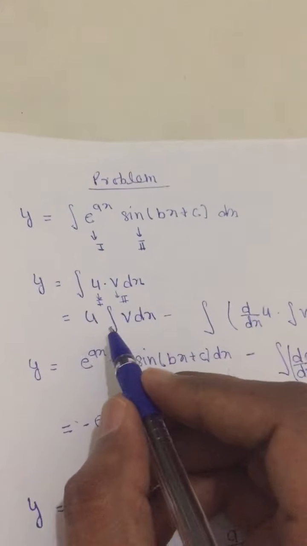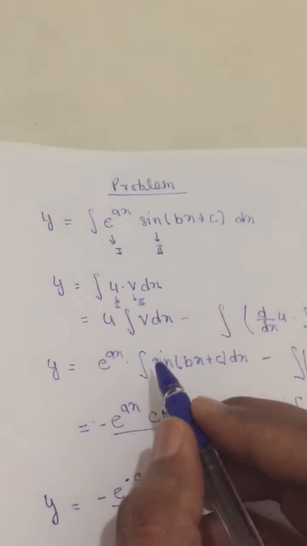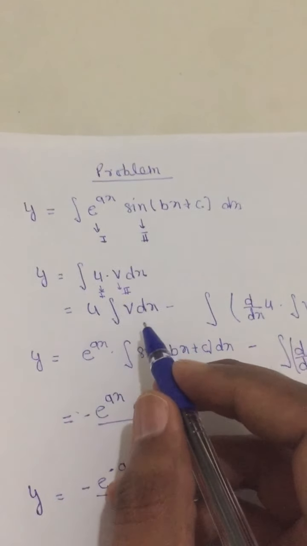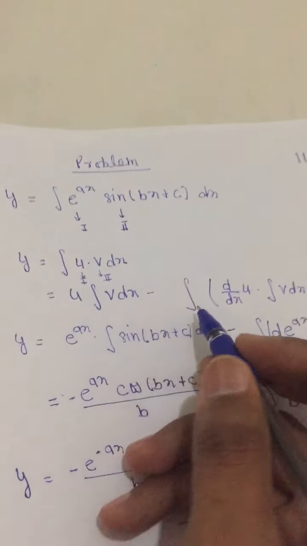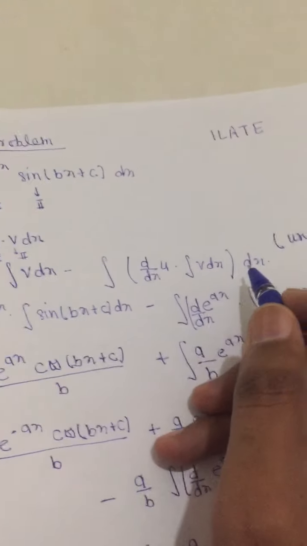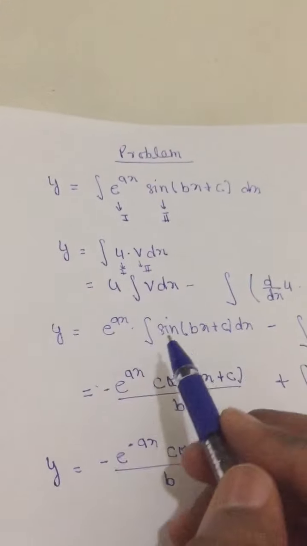So we know the product rule of integration. y is equal to integration u into v into dx. U is the first function and v is the second function. Here it is u integration v dx minus integration d by dx u integration v dx into dx. Here we will apply this rule in this problem.